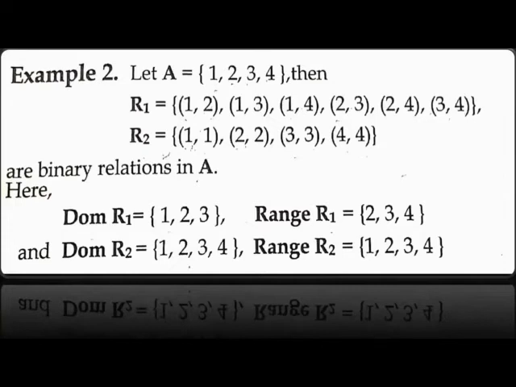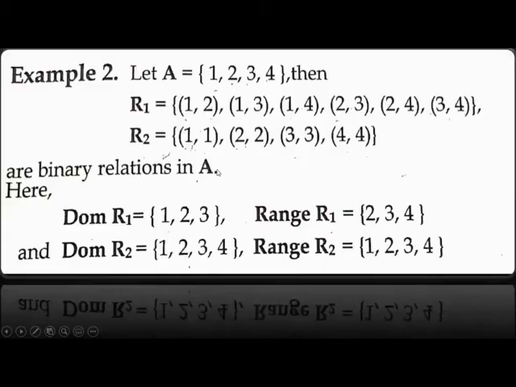So domain of relation 1 is all the first elements of the ordered pairs, or all the first components of the ordered pairs. So there is the first component 1 in this ordered pair, 1 again, 1, 2, 2 and 3. So you can write 1, 2, 3 as the domain of R1. Why 1, 2, 3? Because in a set we can't repeat an element.